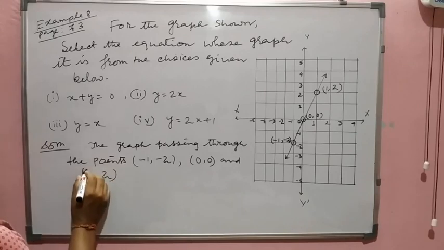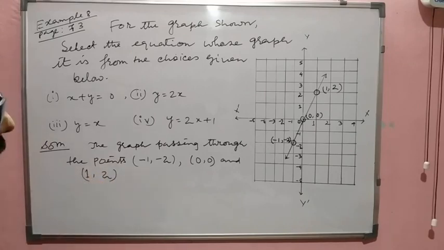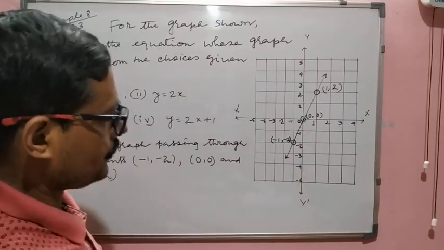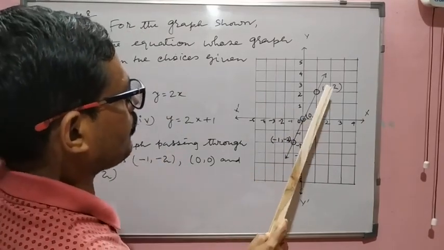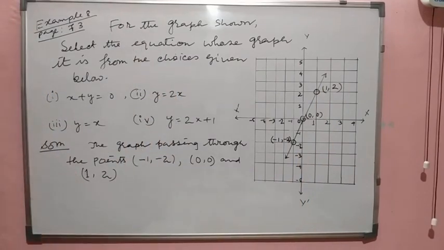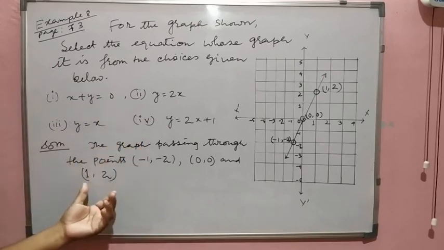The graph is passing through these 3 points. Now we have to select the equation for which these are solutions.